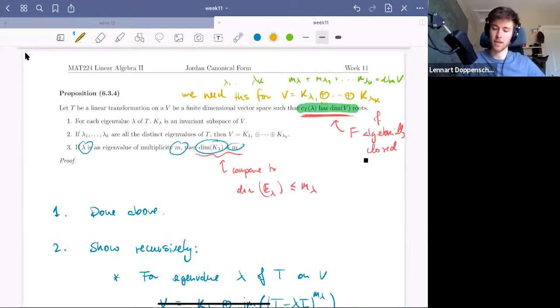Because if each K lambda 1 had a dimension of less than the multiplicity, then the dimension of the right-hand side here would be less than the dimension of V. But the dimension of these has to be equal to the dimension of V. So you can go in and convince yourself that this is a crucial fact. This and this together are necessary for this to be possible.